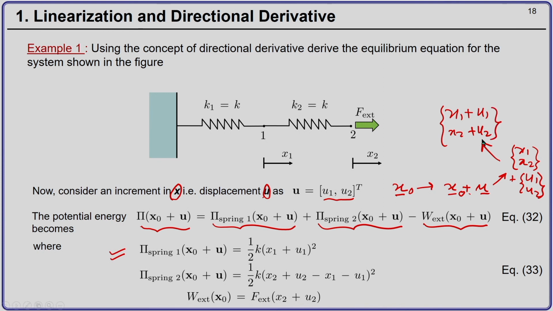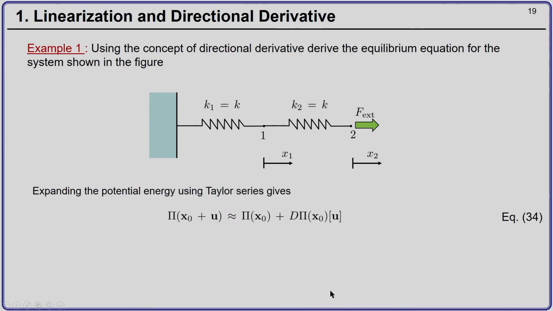So, in your previous expression for potential energy, you just have to replace x1 by x1 plus u1 and x2 by x2 plus u2, and the potential energy will be half k (x1 plus u1) the whole square plus half k (x2 plus u2 minus x1 minus u1) the whole square, and the work done by the external forces is F external into (x2 plus u2).